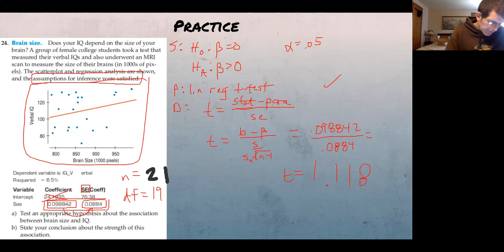So now if we think about the fact that our null hypothesis is that there is no slope, that beta equals 0, the result we got put us about right here, maybe it's a little further than I should have put it, but it doesn't matter. So this is our t statistic right here.